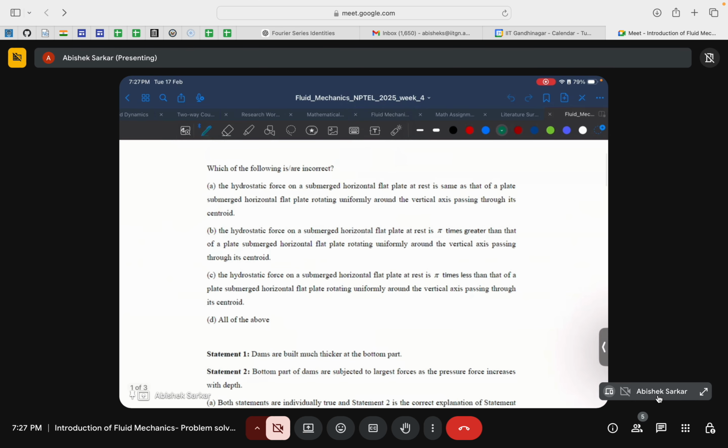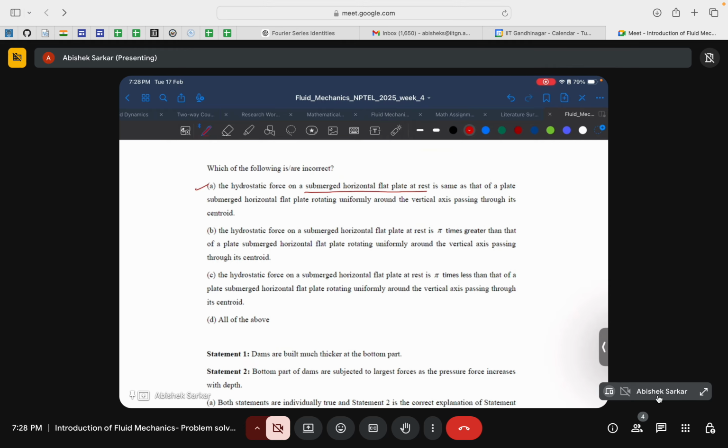Okay, so the question is, which of the following statements is or are incorrect? A hydrostatic force on a submerged horizontal flat plate at rest is the same as that of a submerged horizontal flat plate rotating uniformly around the vertical axis passing through its centroid.